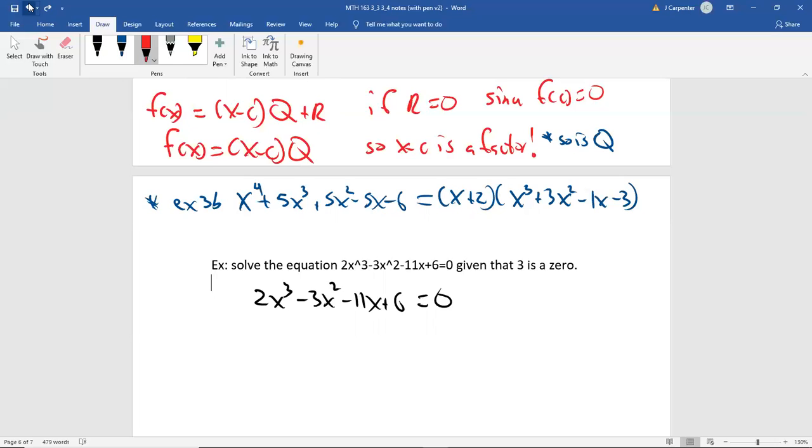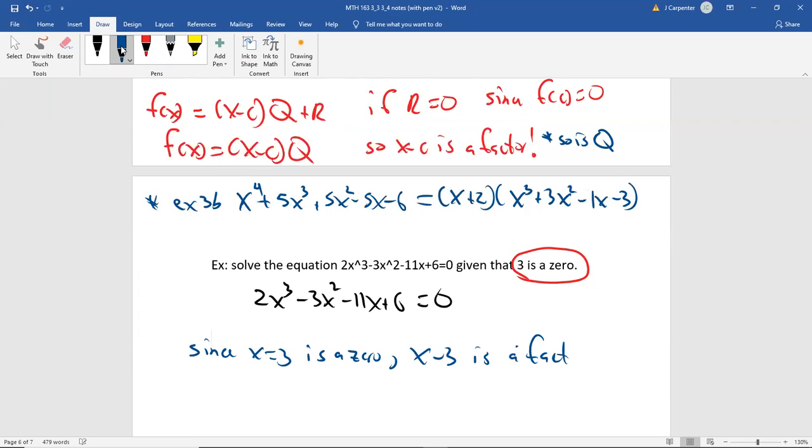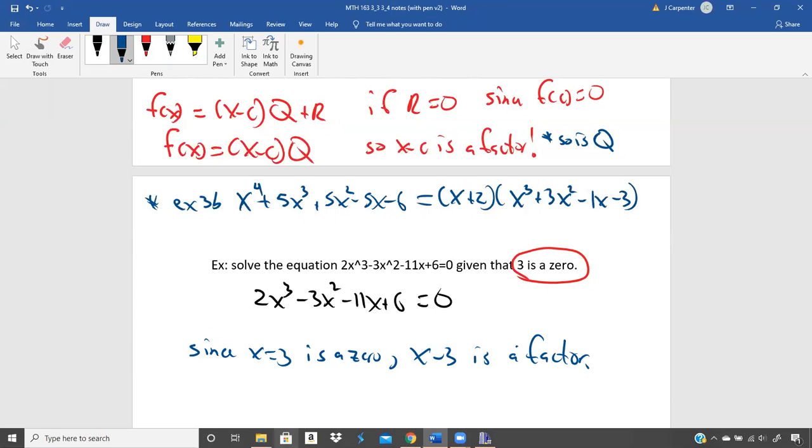However, this time, we told you that 3 is a 0, which means you don't have to do the synthetic division to know that x minus 3 is a factor. Since x equals 3 is a 0, x minus 3 is a factor. That doesn't mean we don't have to do the synthetic division, though.